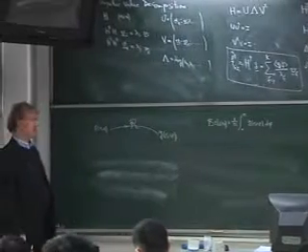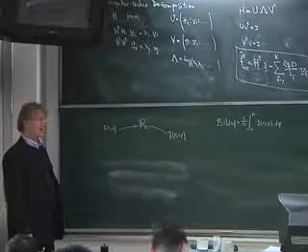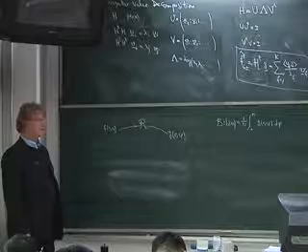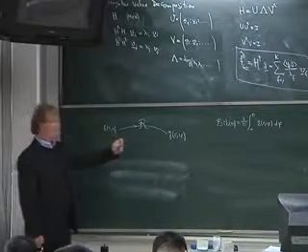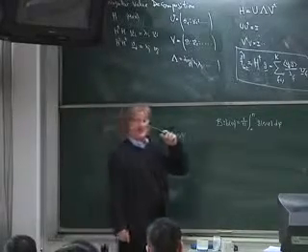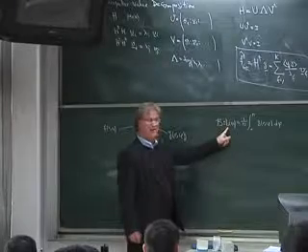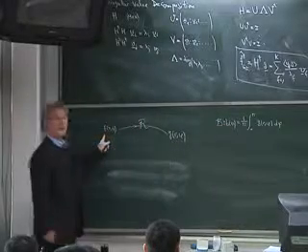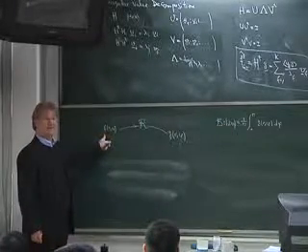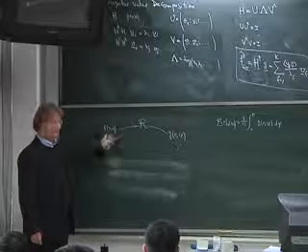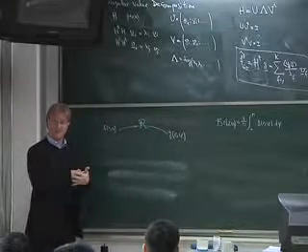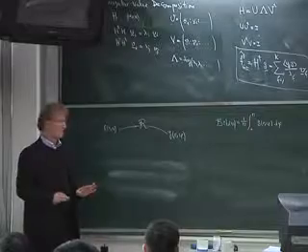This is the operator of back projection. And we would like that B be equal to F, if this operator was invertible, but this is not the case.